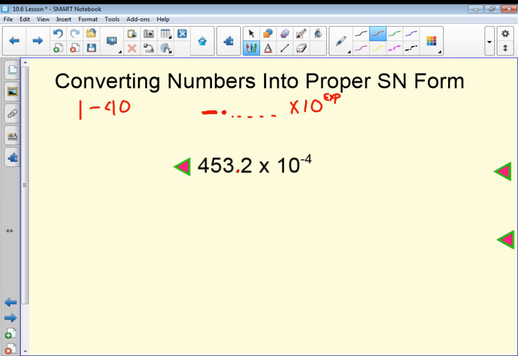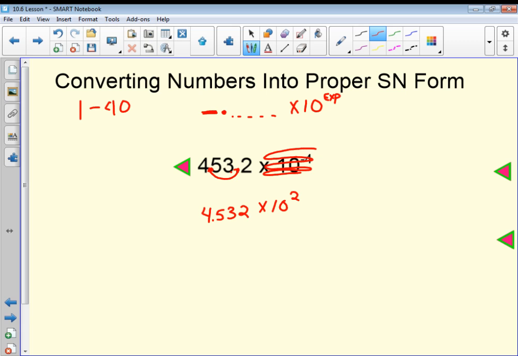So we only want one number to the left. So we're going to move our decimal there. Normally, if I didn't already have this part here, I'm just going to cross this off right now. We would convert this to 4.532 times 10. And that was bigger, so that's a positive thing. So 2 places, right? We want 2 places between old and new.